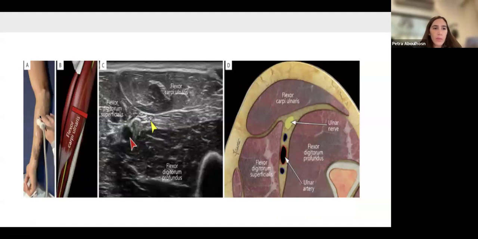Moving on, going more into the forearm, you would see the ulnar nerve right under the FCU between the two heads, and this is the flexor digitorum superficialis and FDP, and then the ulnar artery. If you go a little bit more distal, these two always run together, so that's one easy way to find the ulnar nerve.